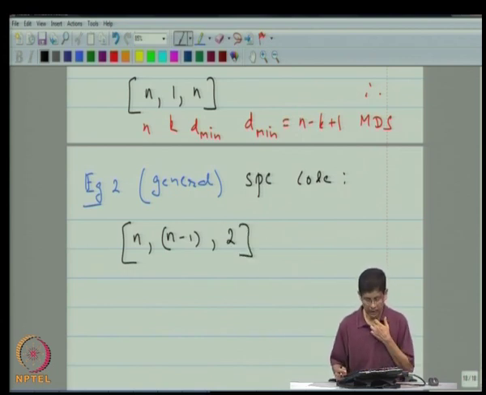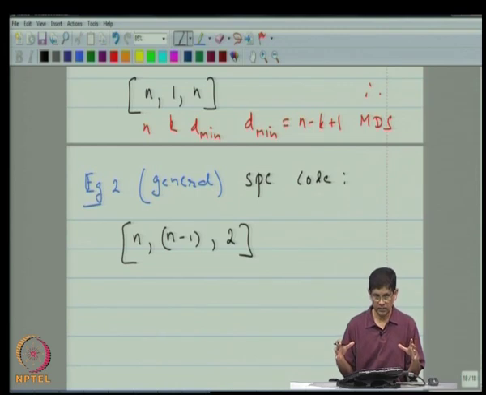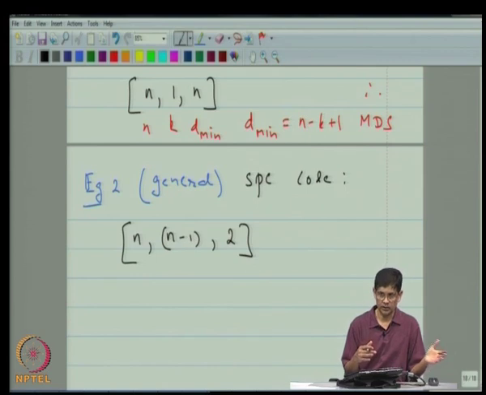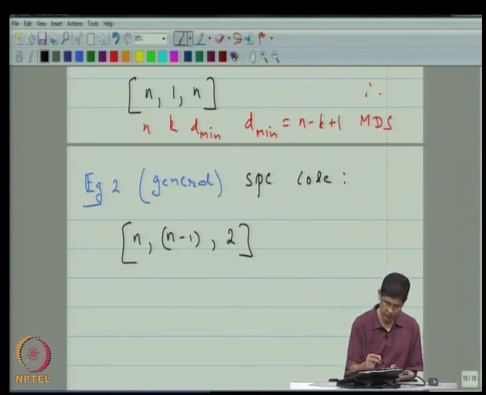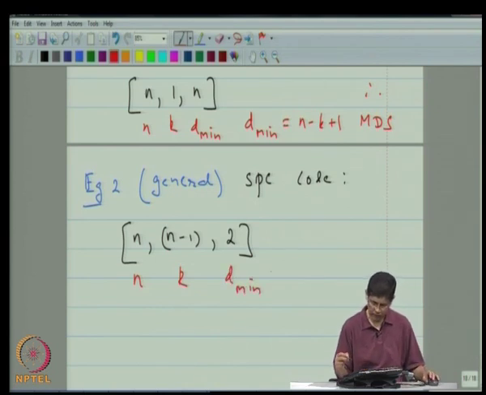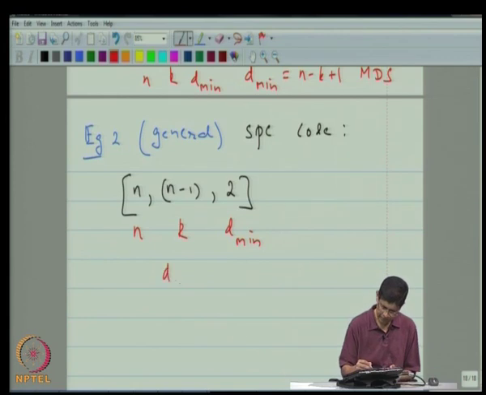Simply because if you take a look at the set of all n tuples, there are 2 to the n of them, and half of them are even parity, half of them are odd parity. So, the number is 2 to the n minus 1. So, the dimension is n minus 1, and the minimum distance is still 2 because the minimum Hamming weight of a non-zero vector is still 2. So, here again this is n, this is k, this is d min. So, here again d min is equal to n minus k plus 1, therefore, MDS.